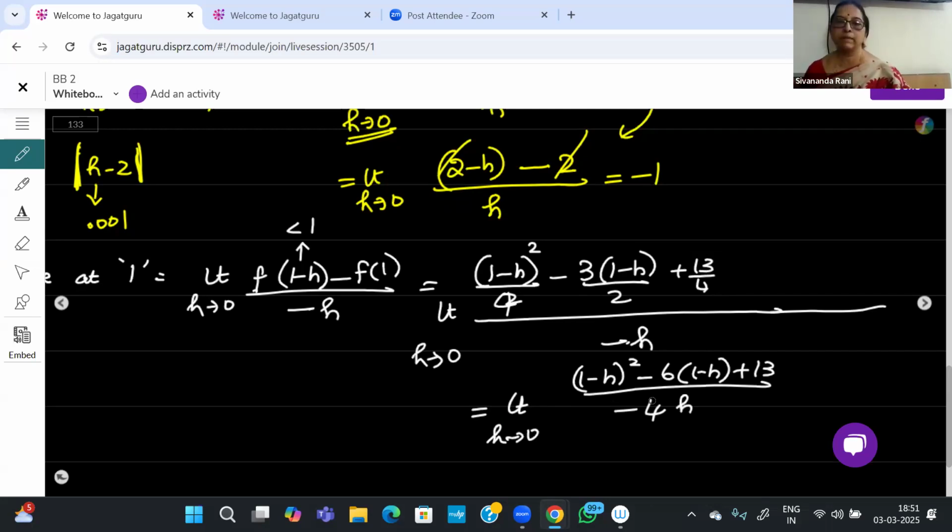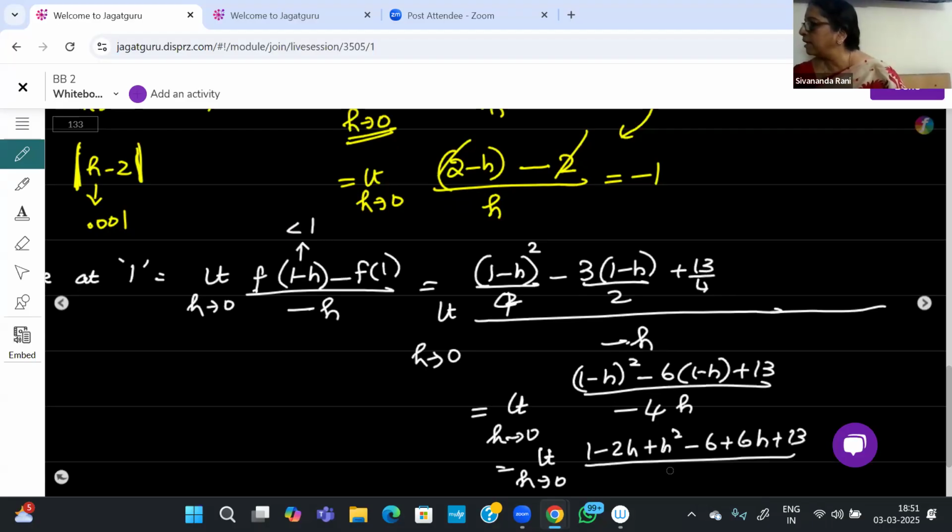Shall I have it like that? Minus h in the denominator. Let me expand the numerator and see what gets cancelled. 1 minus 2h plus h square minus 6 plus 6h plus 13 divided by minus 4h.